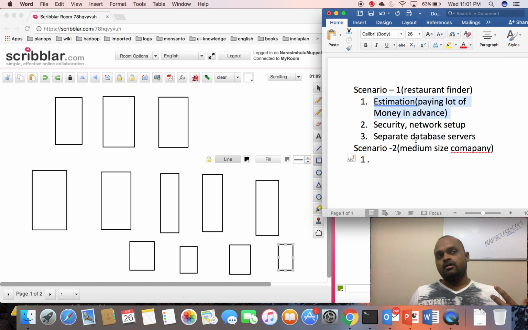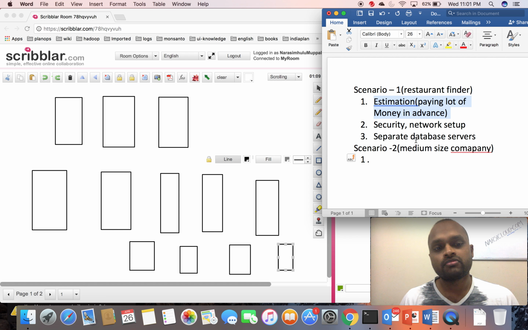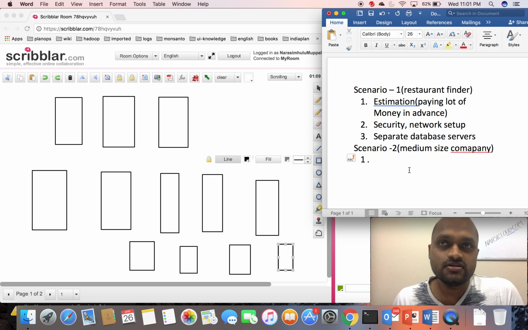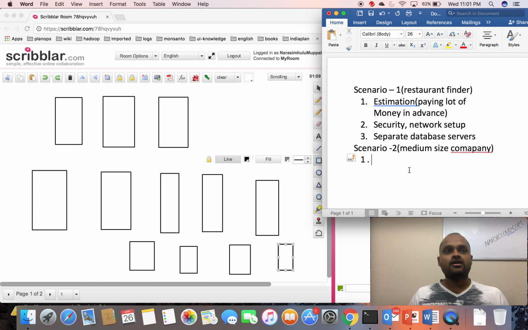as a pay as you go model, basically you pay for what you use, right? Wouldn't it be great if you have that kind of solution, pay as you go. What it means, for example, for your home, you're using electricity, right? And you are not maintaining any electrical equipment at your home.